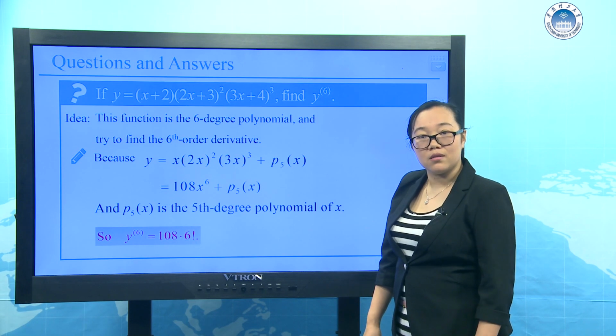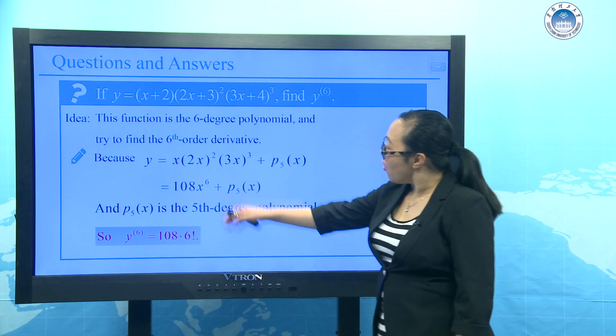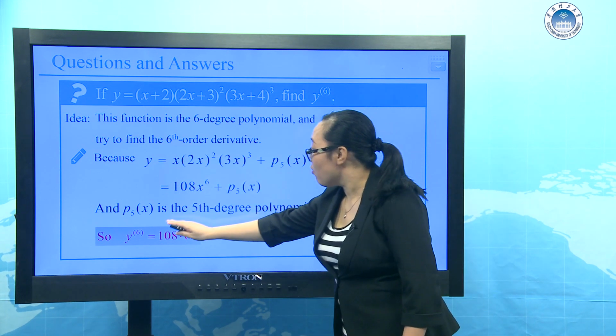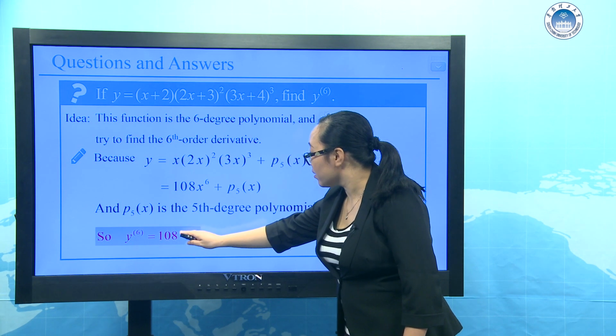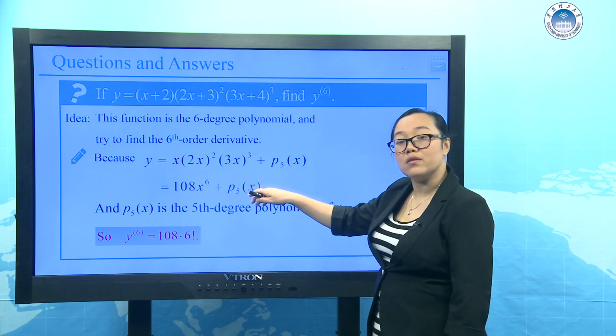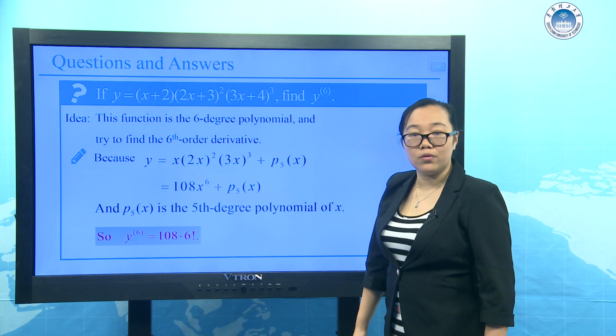The corresponding 6th derivative of the 5 degree polynomials equals 0. So together, the 6th derivative of y equals 108 times 6 factorial plus what? Yes, plus 0. So together it equals this number. It is our final result.